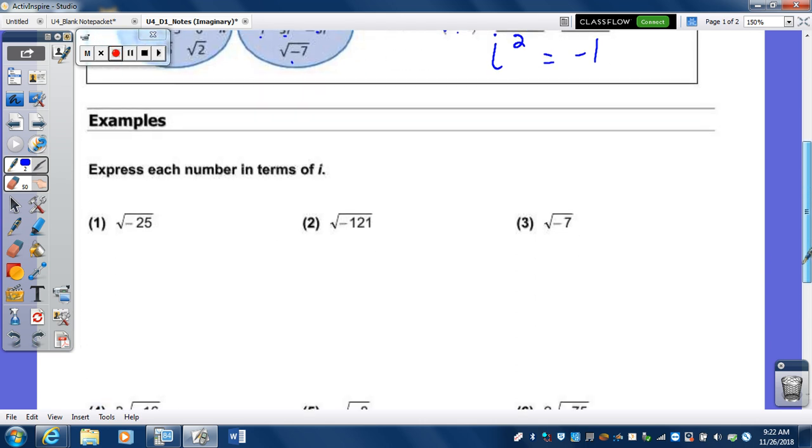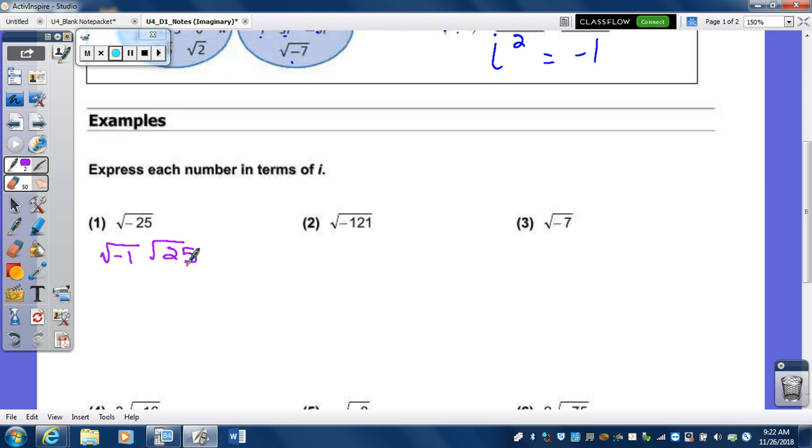So first, let's just practice figuring out where this i comes from. So for our first example, I have the square root of negative 25. So this is kind of like what we were doing before. We would want to separate this into negative 1 and 25, 25 being our perfect square that we are hopefully used to, negative 1 being our imaginary unit.